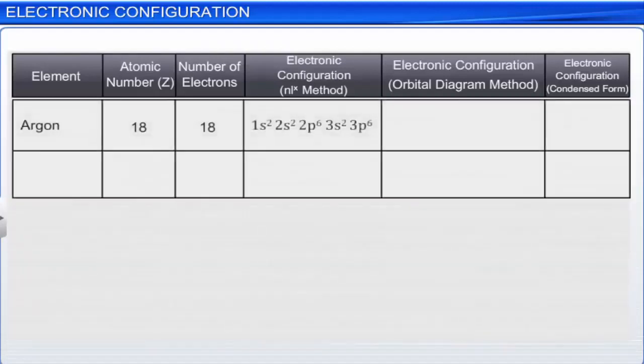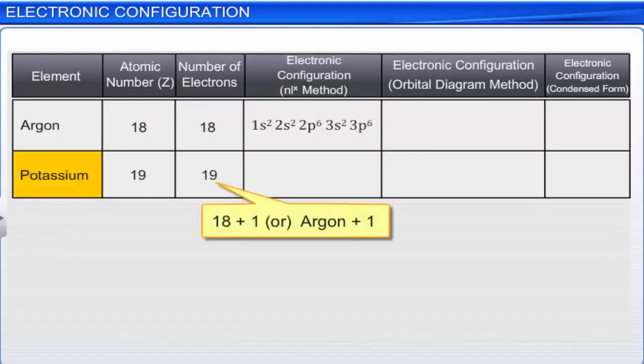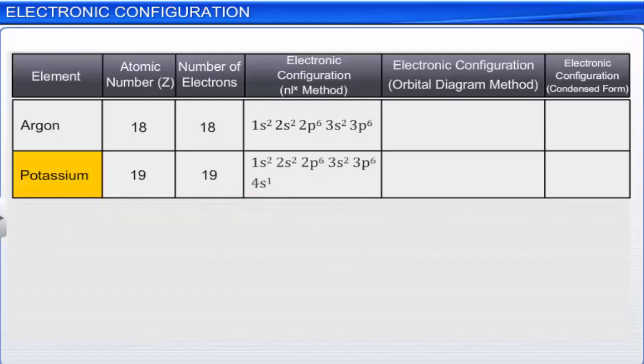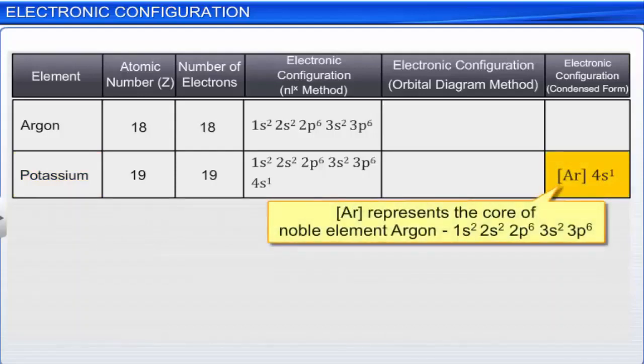Argon, whose atomic number is 18, has a completed 3p orbital. Therefore, the electronic configuration of potassium, which has 1 electron more than argon, can be written as [Ar] 4s1, where Ar represents the core of noble element argon.